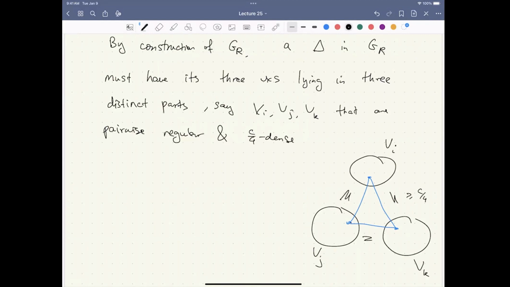So all this density is C over 4. We can use the counting lemma on this triple of clusters.